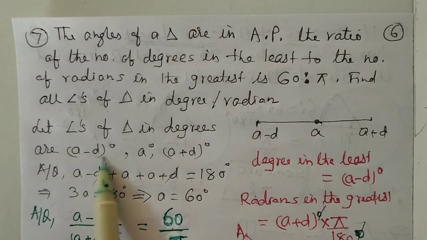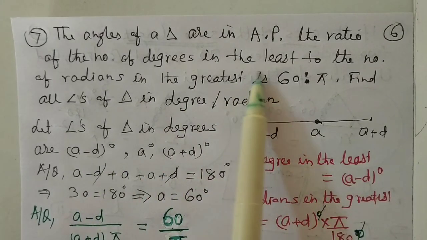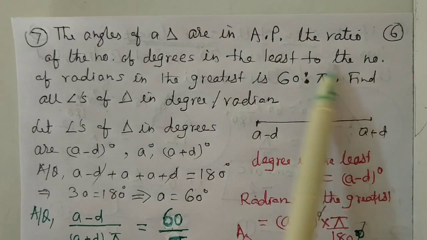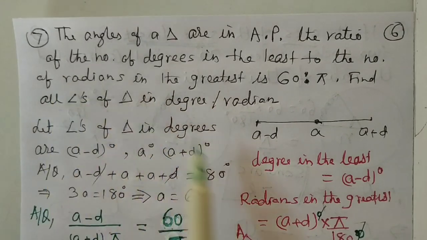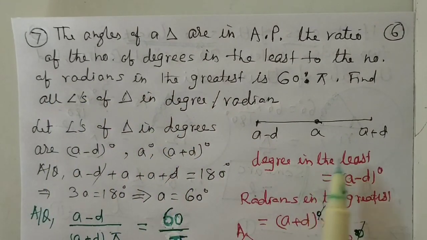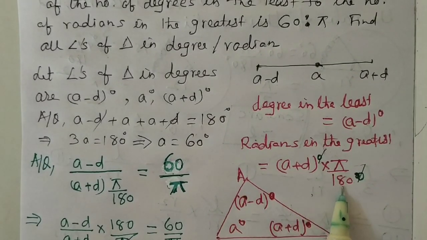The degree in the least is A minus D. And the radian in the greatest: the greatest angle is A plus D. Convert it to radian, A plus D into pi by 180 degree. Degree cancels, so this is the radian.